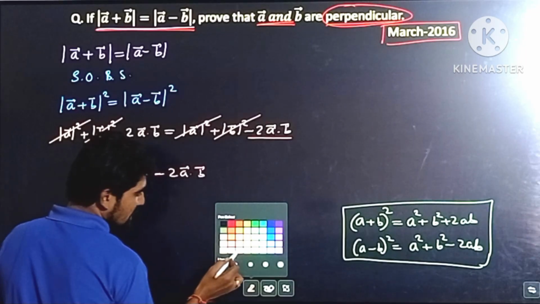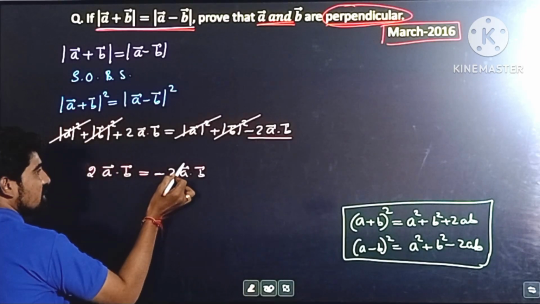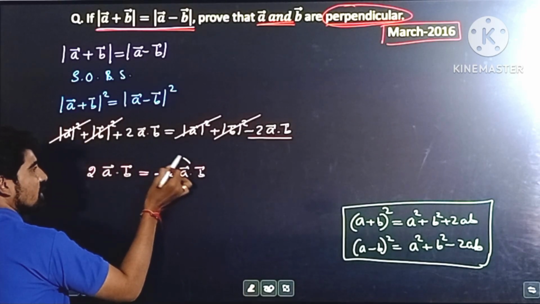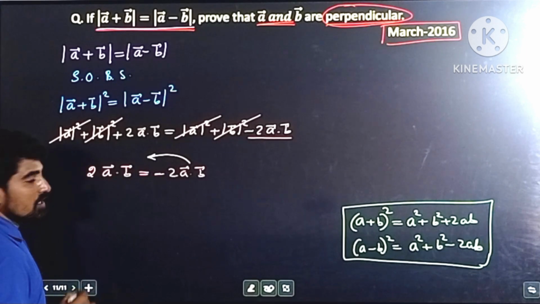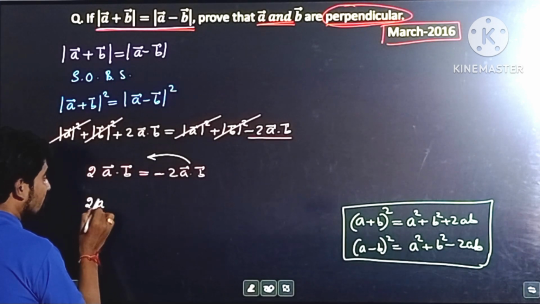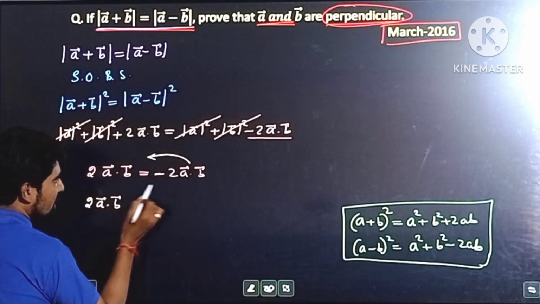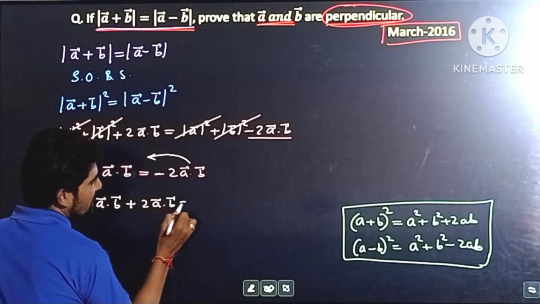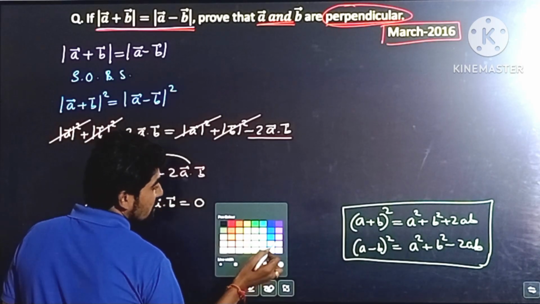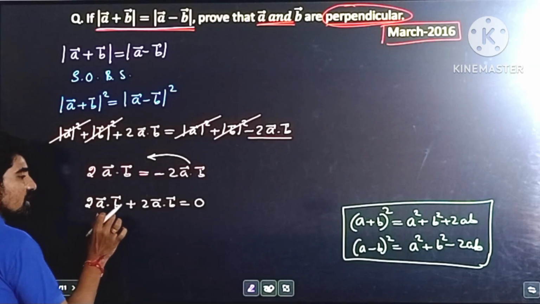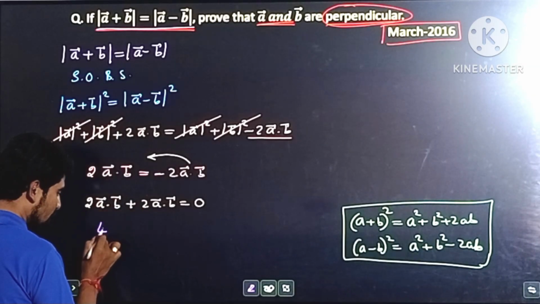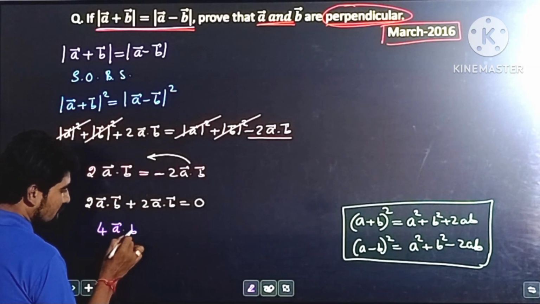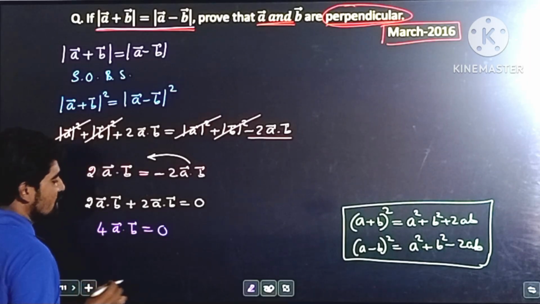Now see here, in the next step, shift this minus 2 into A vector dot B vector to the left. It becomes 2 into A vector dot B vector, minus becomes plus, 2 into A vector dot B vector is equal to 0. So 2 into A vector dot B vector plus 2 into A vector dot B vector is 4 times A vector dot B vector, which is equal to 0.